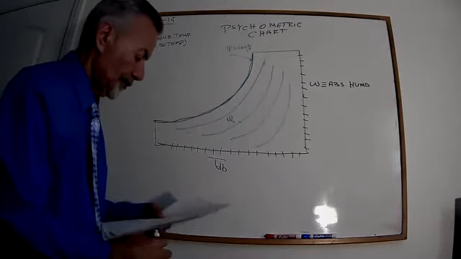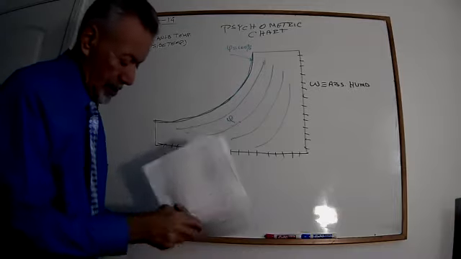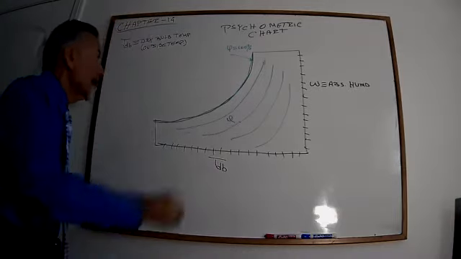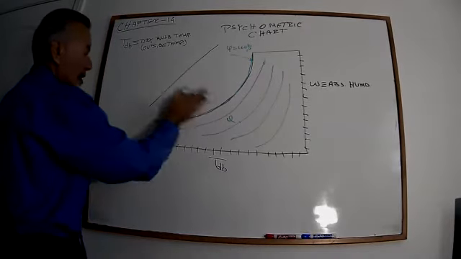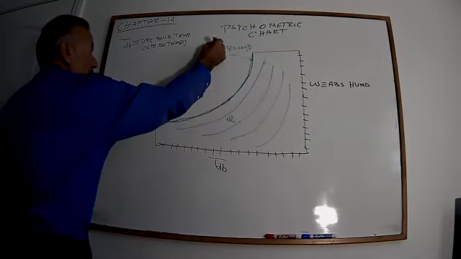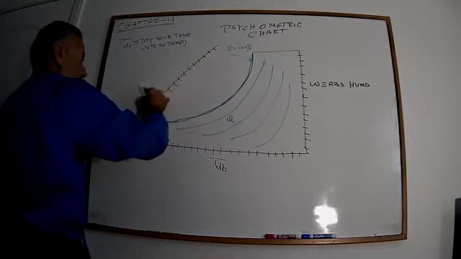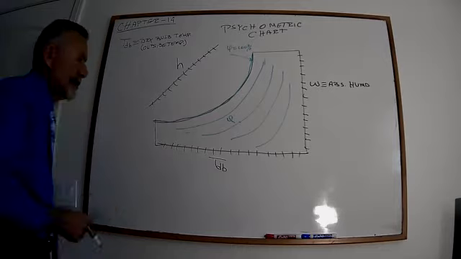Now, one thing I forgot. There's a straight line outside of this chart with a bunch of numbers. These represent enthalpy.